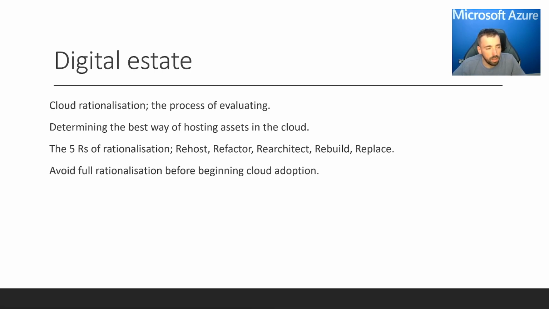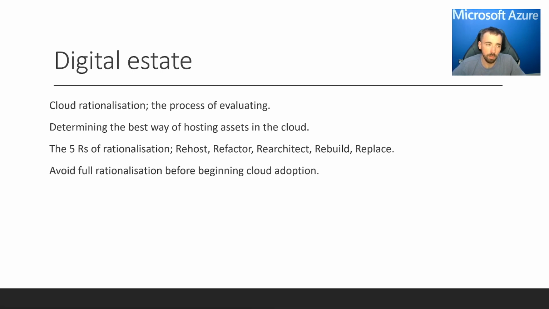Okay, so as with the rationalization, it's a common misconception that you must do a full rationalization, i.e. going through all of your applications, deciding an approach for each one before you can start any cloud adoption.